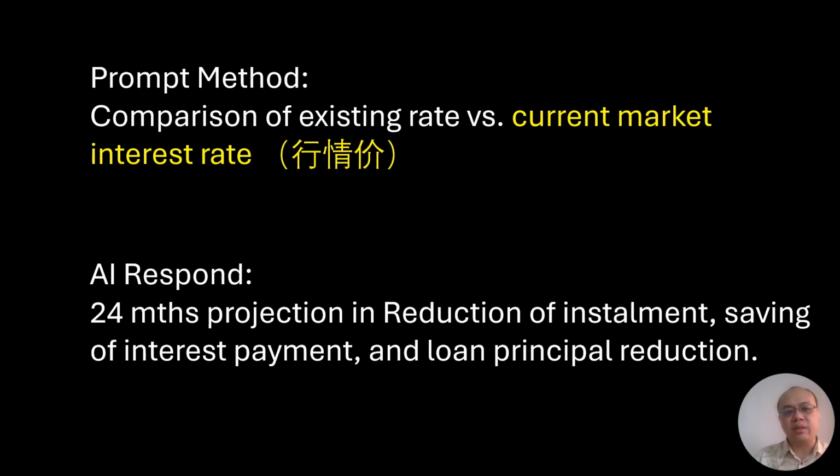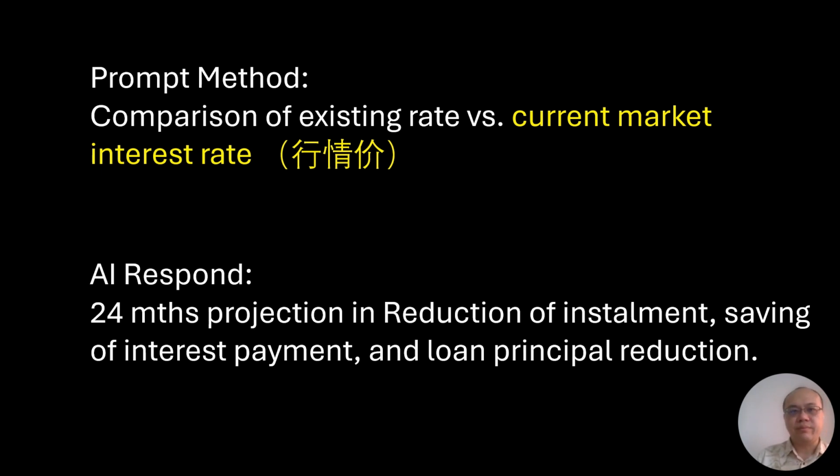The AI will respond with 24 months of projections in terms of reduction of the installment and the saving of the interest payment, because whatever installment you pay, a certain portion goes toward the interest payment and a certain portion toward your loan principal. So the AI will give you the analysis.